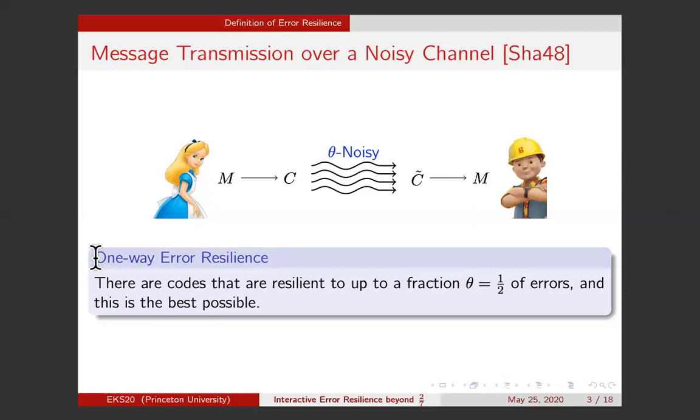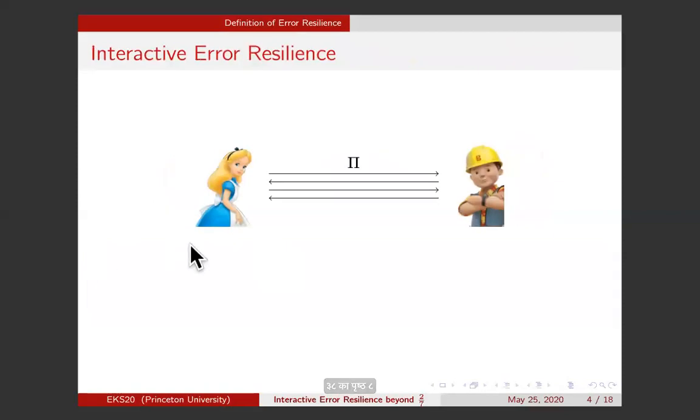What happens if we move from the one-way to the more general two-way task? One thing that definitely changes is that now, instead of Alice having a message M that she wants to send to Bob, they are both running a protocol Pi and sending messages to each other. Now, the situation is pretty much similar. If the channel between Alice and Bob is noiseless, then they can just run Pi as is by sending each of the messages in Pi one by one.